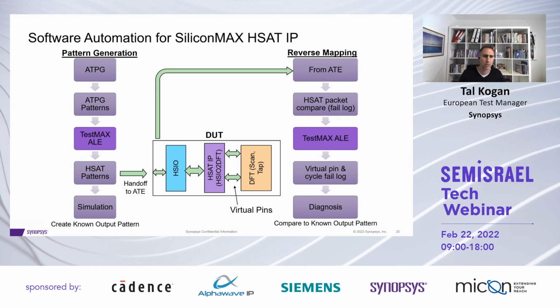So with that, you get your HSAT patterns, and you can run simulation on them in that format. And once you have those and you simulated them, you can actually perform your handoff to the ATE. This time, instead of in the regular tester format, in the format of the high-speed data.